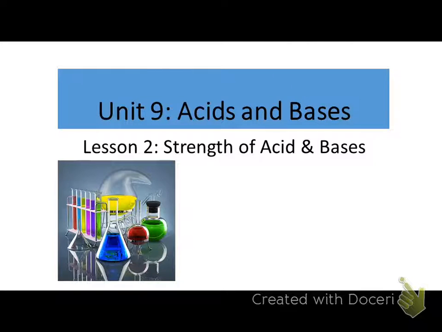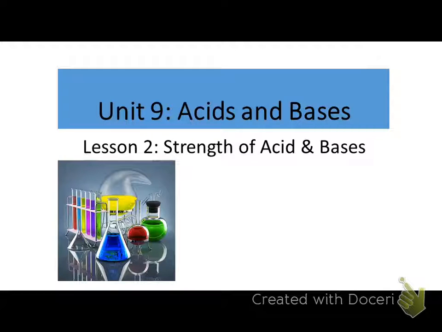Alright, let's get started. Lesson 2, Strength of Acids and Bases, Unit 9. Now, in the first lesson, we looked at some very important acid and base theories, specifically the Bronsted-Lowry acid and base theory. Remember that in that theory, a Bronsted-Lowry acid is one substance that donates a proton or a hydrogen ion to the base, and the base is going to be the acceptor of that.